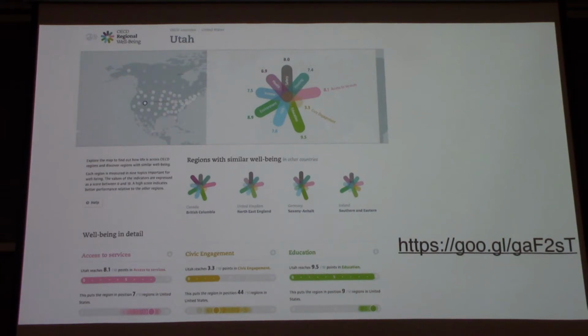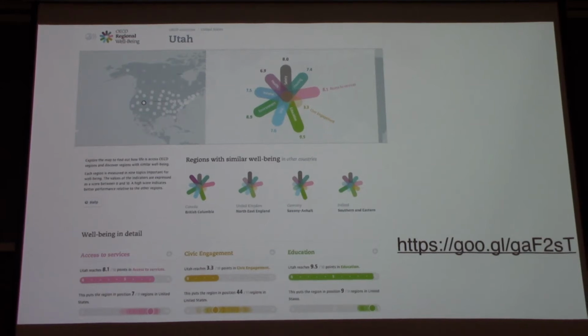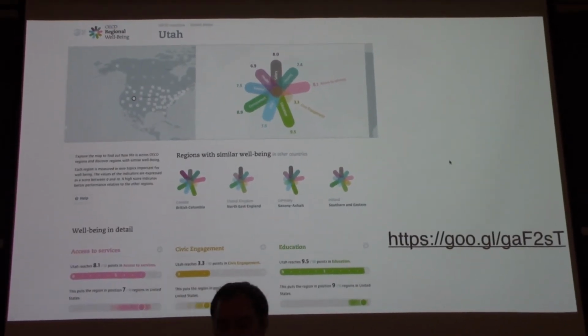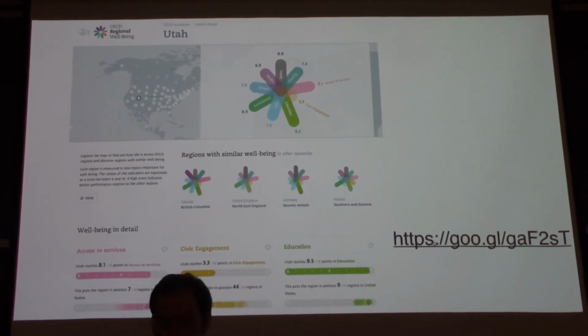Does everybody have one, or is the link there? Is there some leftovers? Yeah, sorry, I didn't print enough. Just go to this link, there's the description, and it's actually interactive, so it's more about playing with it.